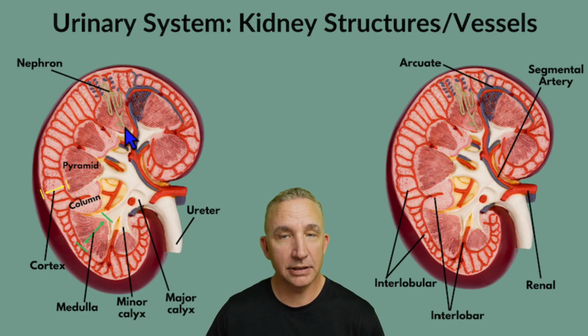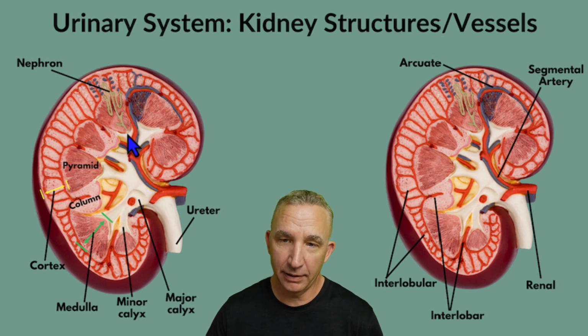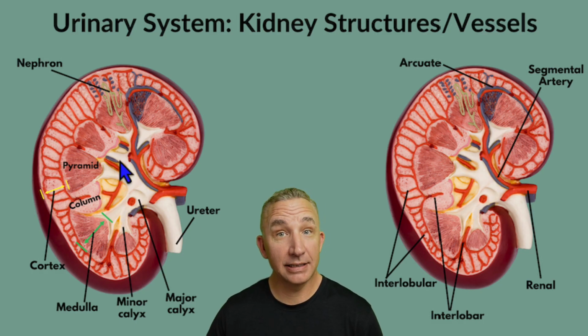If I follow this, it is going to be called a collecting duct. That green duct there, the collecting duct, is going to hit a larger funnel called a minor calyx. A minor calyx, in plural, minor calyxes. These minor calyxes are coming off the renal pyramids. Those tubes come down, they hit a minor calyx, and the minor calyxes will become a major calyx.